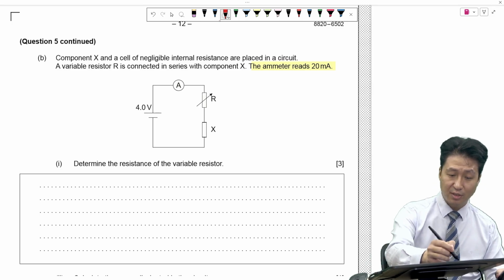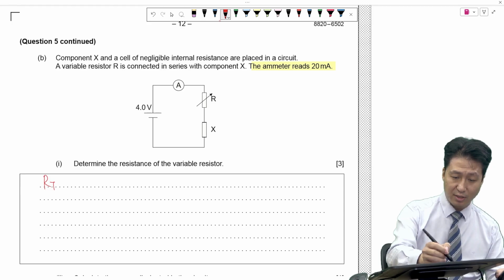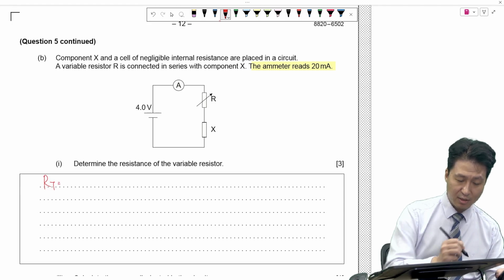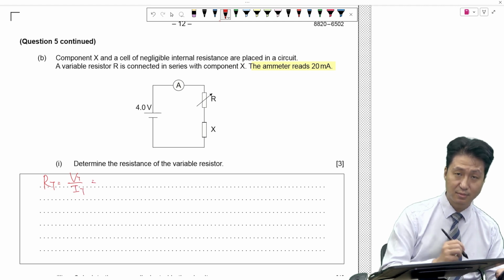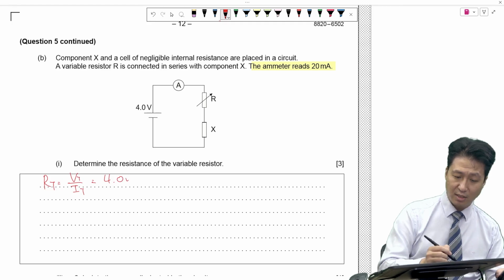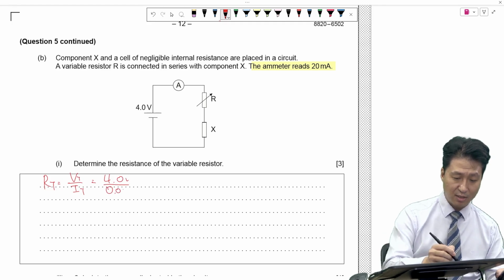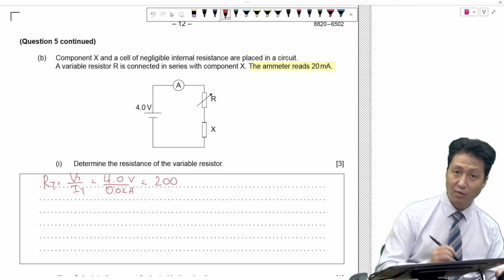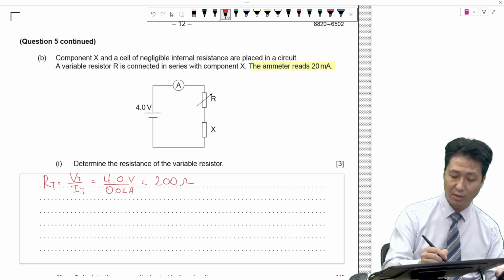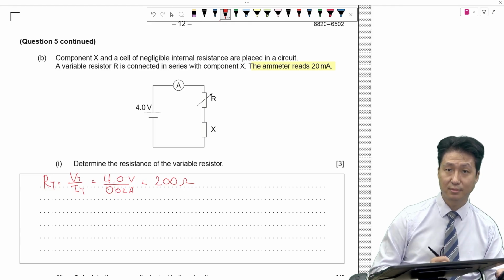You can find the total resistance, which is simply the total voltage divided by the total current. In this case, the voltage is 4 volts and the current is 0.02 amperes, which means the total resistance is 200 ohms.